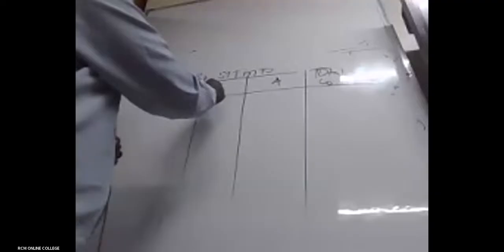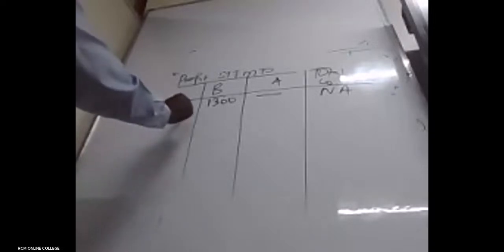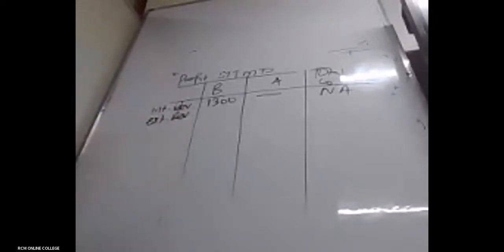1,300, isn't it? For A, not applicable. Okay, let's go to external revenue.